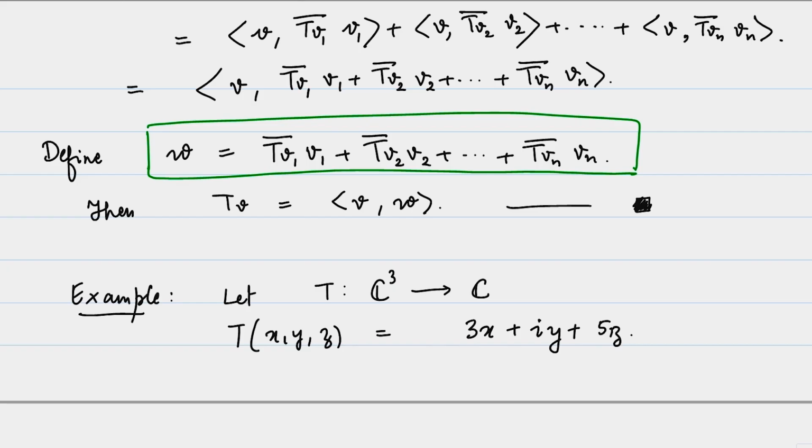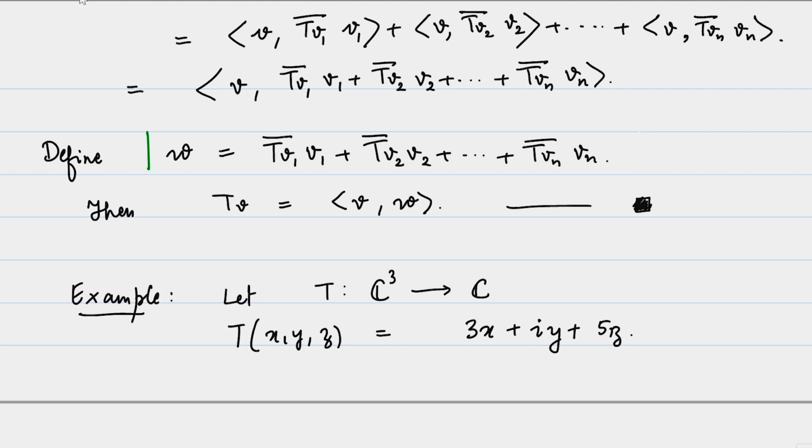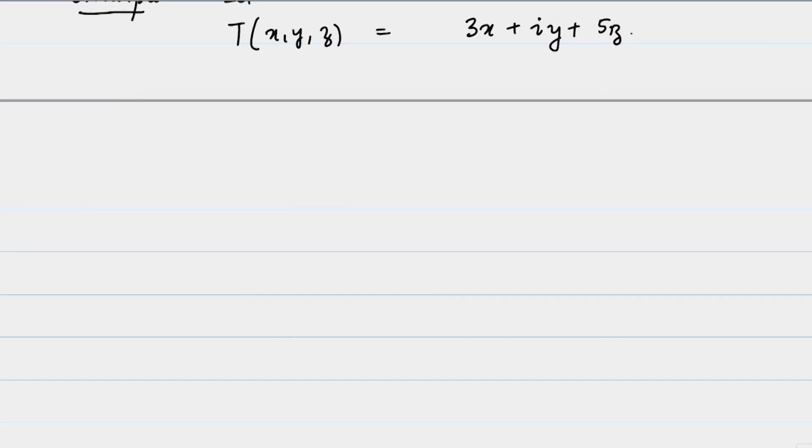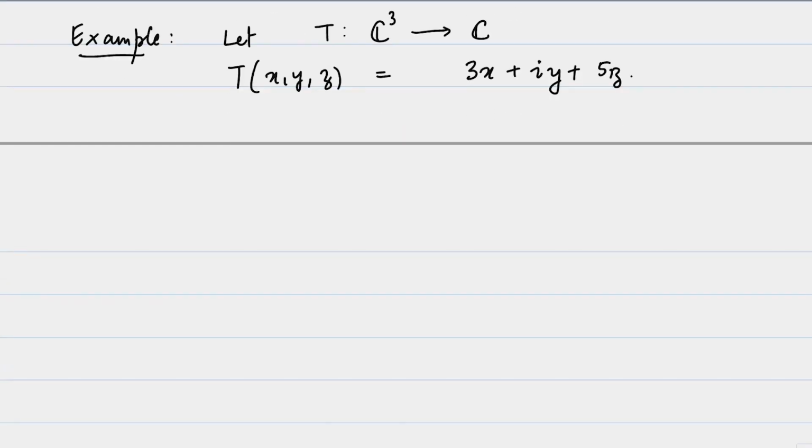In order to do that, we first need to have an orthonormal basis of our given vector space. So C3 has the standard inner product, which is given by the inner product of Z1, Z2, Z3 and W1, W2, W3 is Z1 W1 bar plus Z2 W2 bar plus Z3 W3 bar.